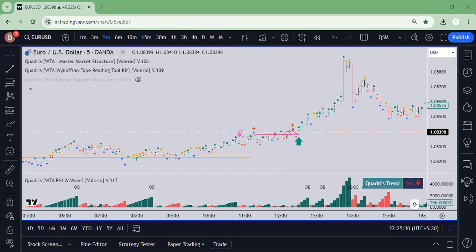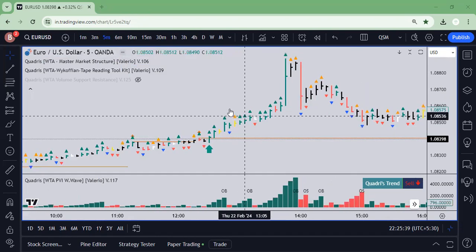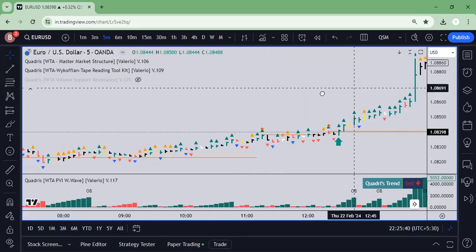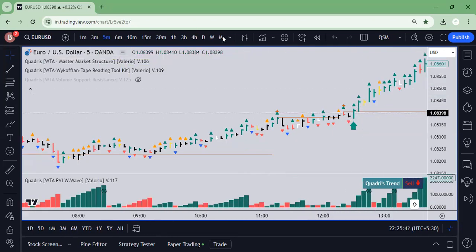We are eating away all the supply, and if I zoom in, you'll be able to see what I mean exactly. Whatever supply was there over here was eaten away by this particular bar, and the force of demand is constant, and there is no force of supply in the market.